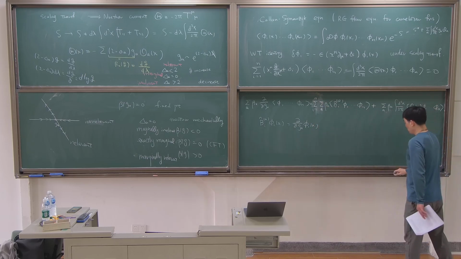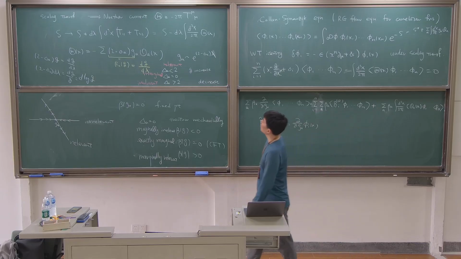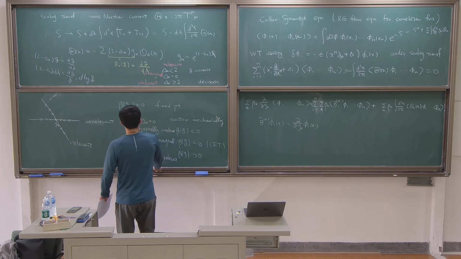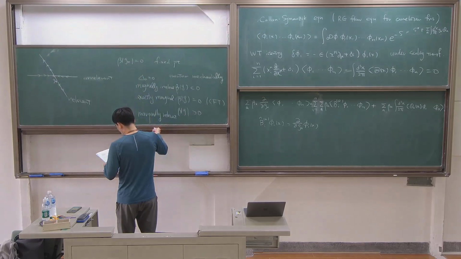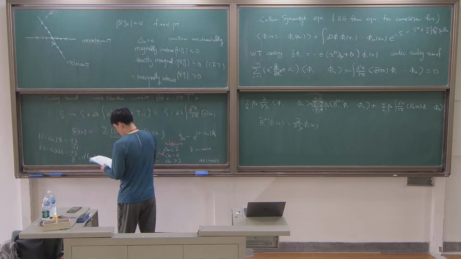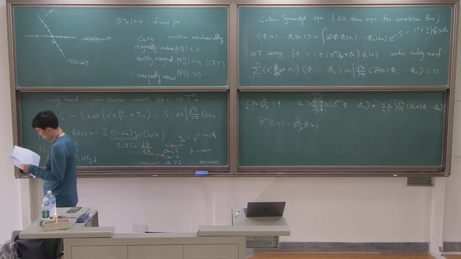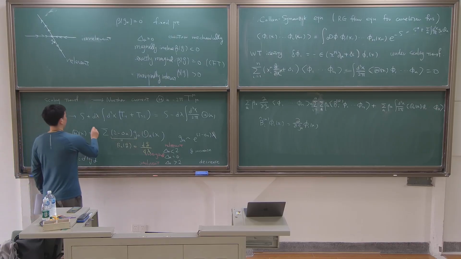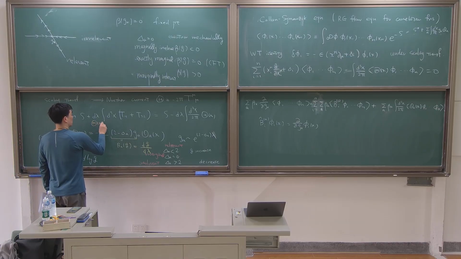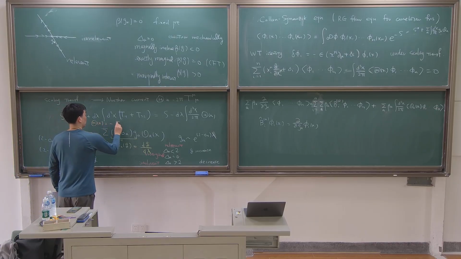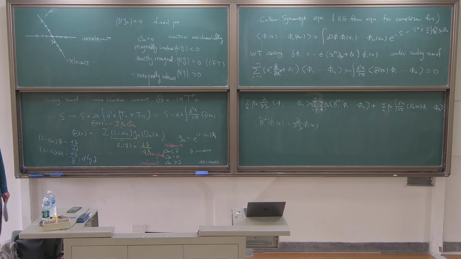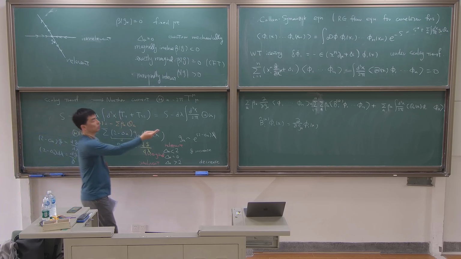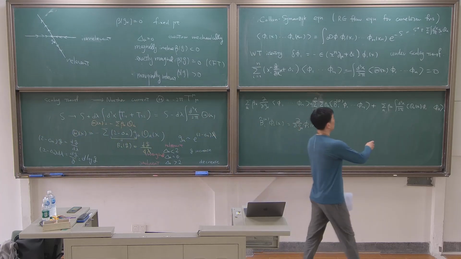Then we can use this identity, and this identity. This theta of x is equal to minus the sum of beta_A and O_A, right? So we can use this identity to rewrite this one.